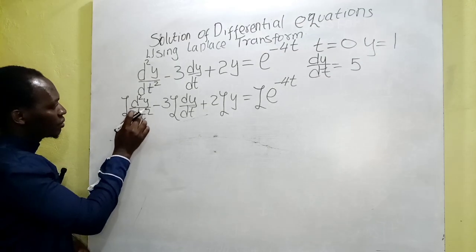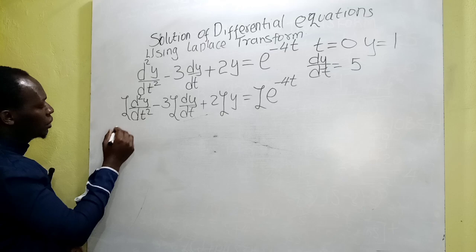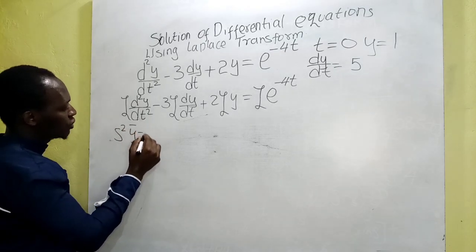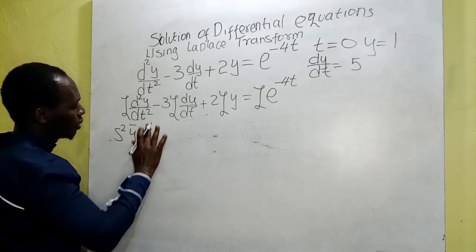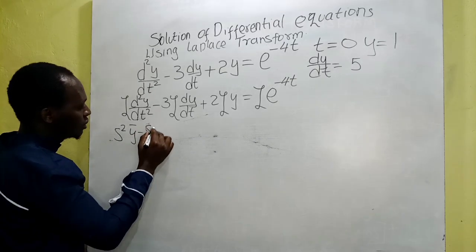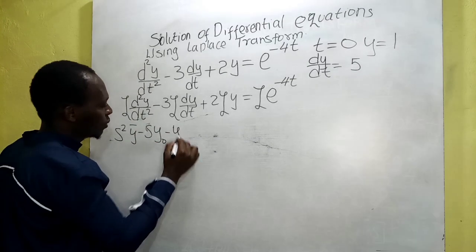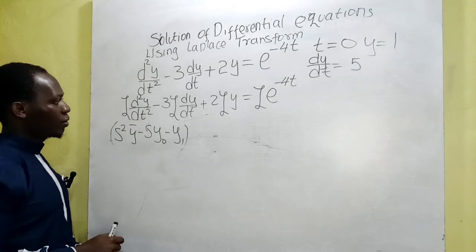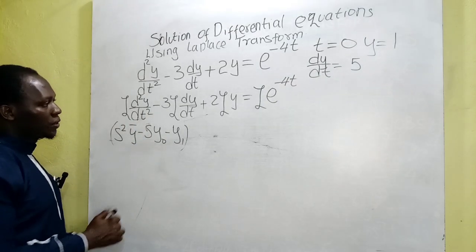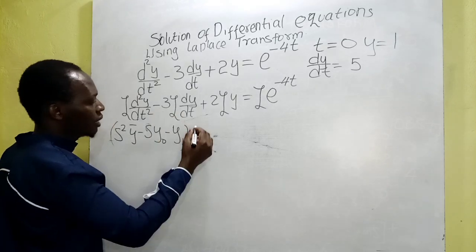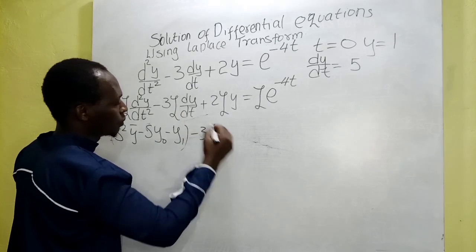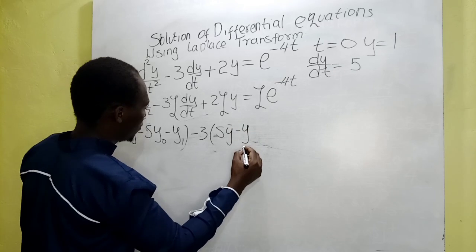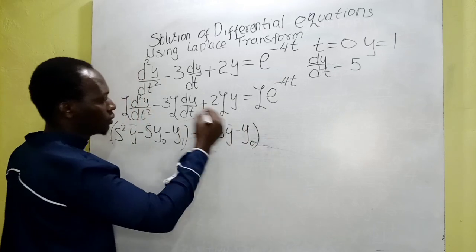By getting the Laplace transform of this, we understand that we are going to have s squared y bar, we subtract s y naught, we subtract y1. That is the Laplace transform of d squared y with respect to dt. We subtract 3 into s y bar minus y naught.